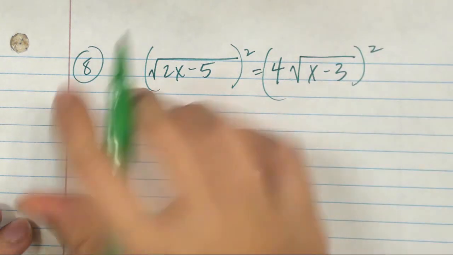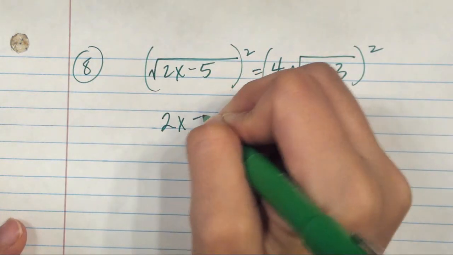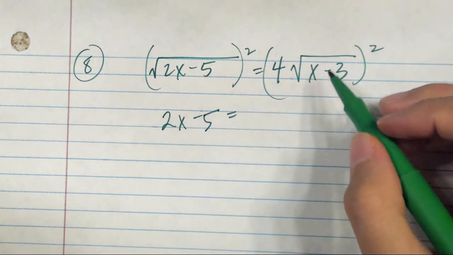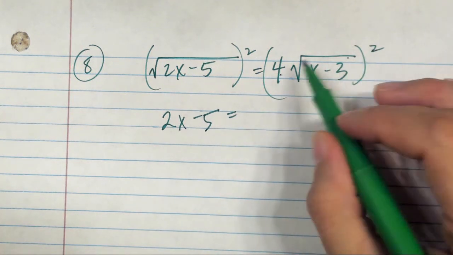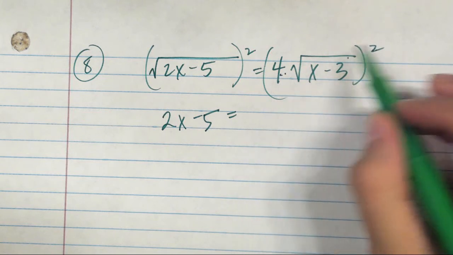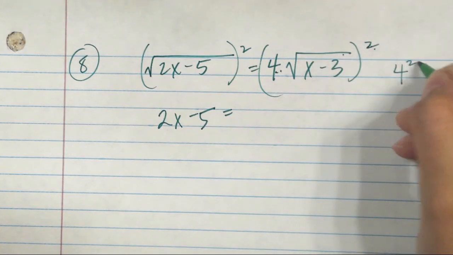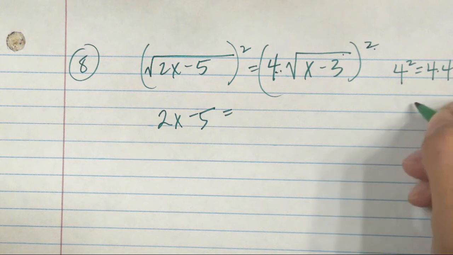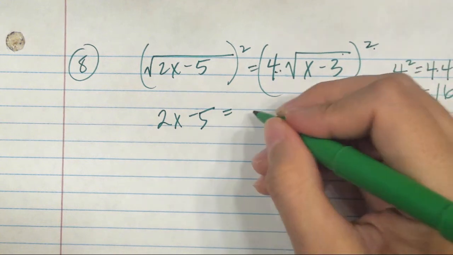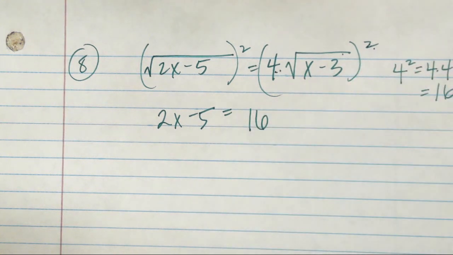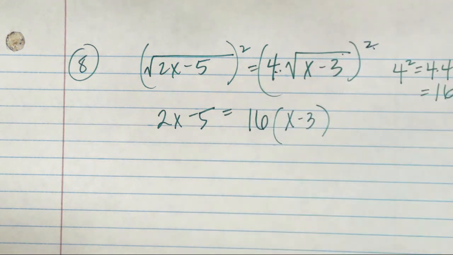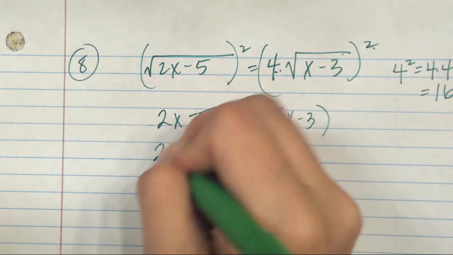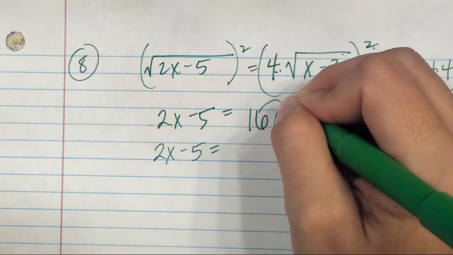On the left side, the square and the square root cancel. But on the right side, this square and this square root cancel, but you have to also distribute the square to the 4. So 4 squared means 4 times 4, so that's 16. So I'm going to get 16 times x minus 3, because the square is going to cancel out right here. My math spidey senses are telling me I need to distribute.